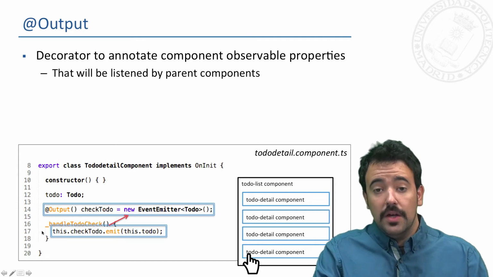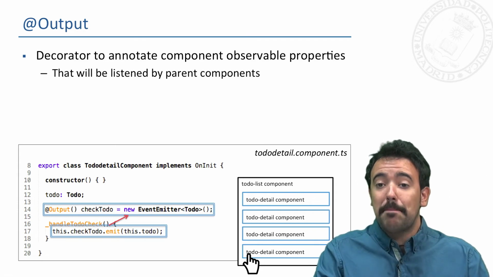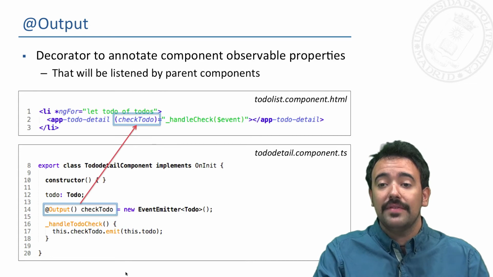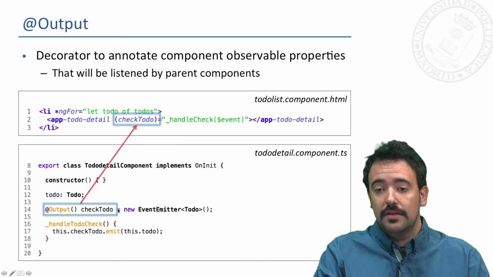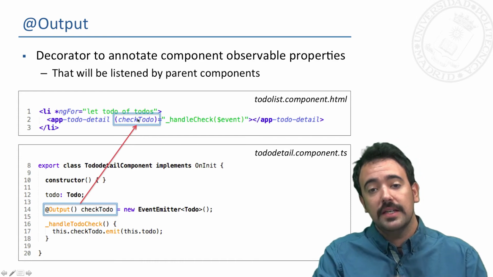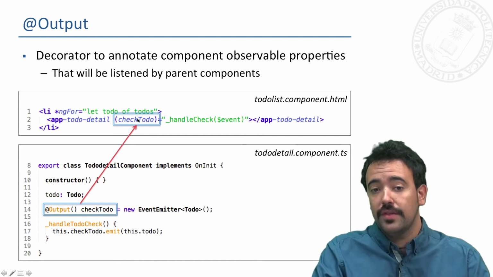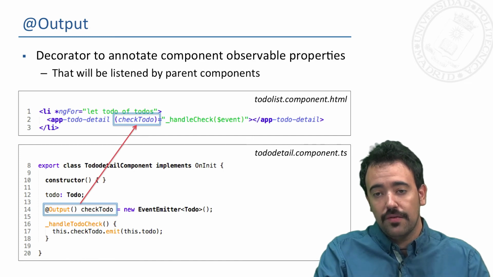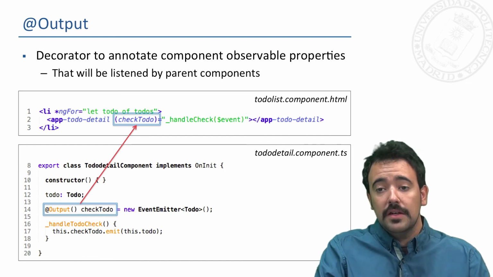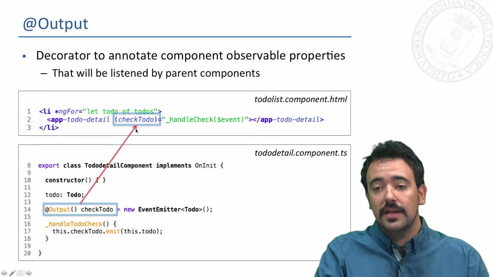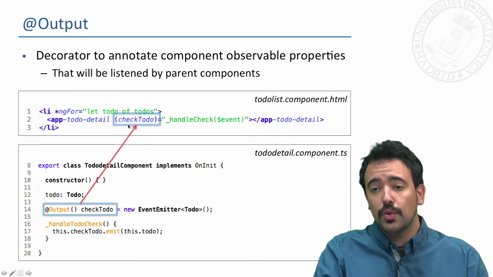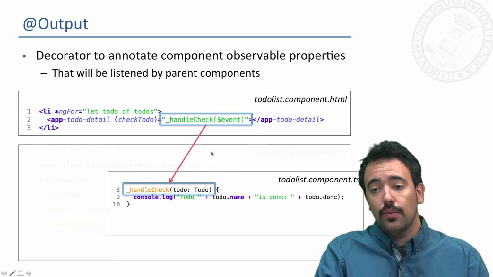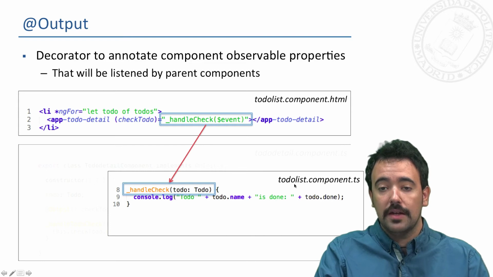On the other hand, in the parent component, we have defined this check to-do method that, as you can see here, is included in each of the children of the to-do list. What this method is doing in the parent component is just calling a method we have defined in the to-do list component logic.